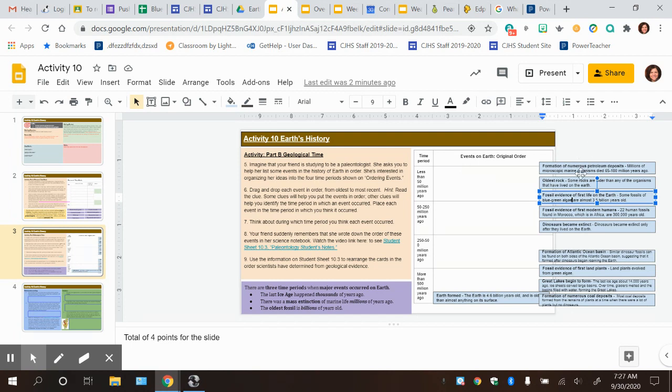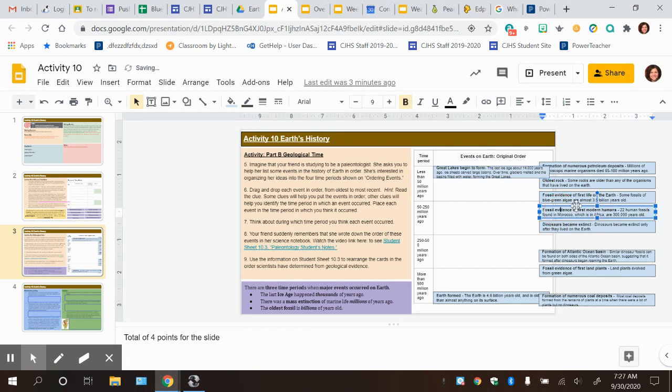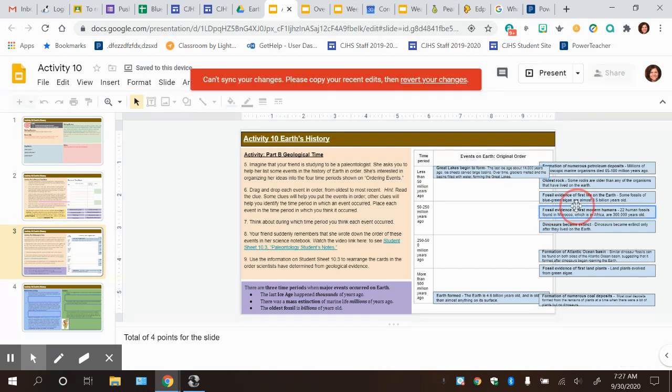And if we go back through here, more than likely, you are going to say the Great Lakes begin to form because it says 14,000 years ago. We can drag and drop that up here. And then fossil evidence of first modern humans, 300,000 years ago.